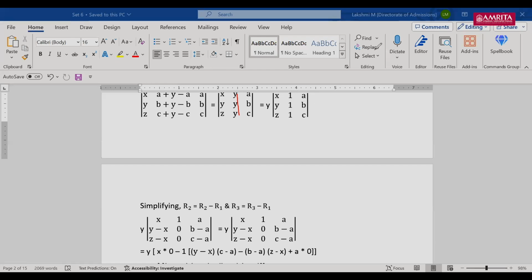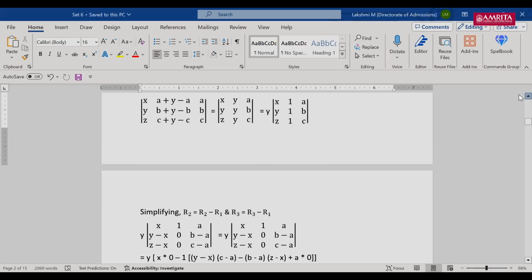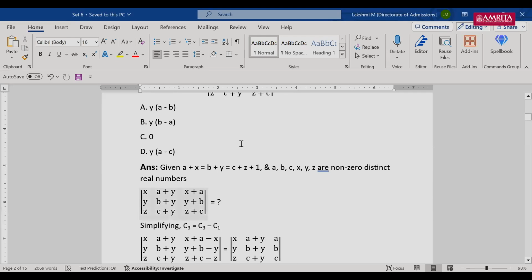Now, next step, what you need to think is, we'll just go through the options. Okay, just a second. I'll just show the options once again. It's A minus B, B minus C, A minus C into Y. Just have a look at it again.